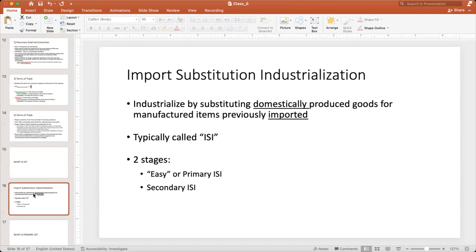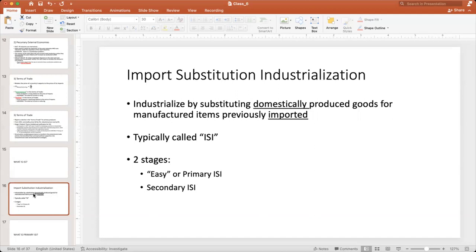So let's make an example. You are in your country and you are demanding cars. And you are from a developing country. So all the cars are, I don't know, produced in Germany. However, the World War began.